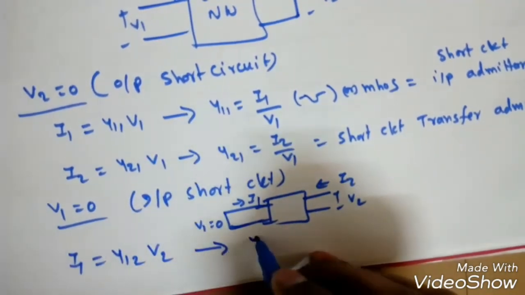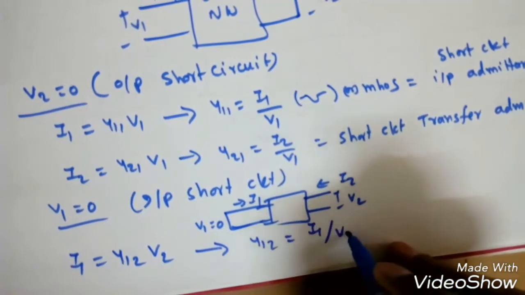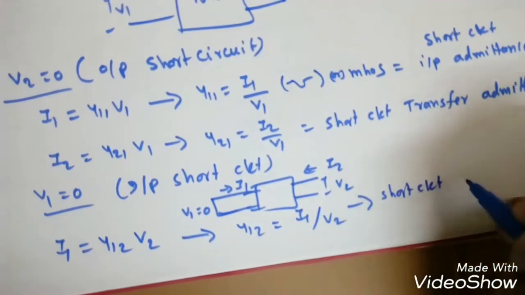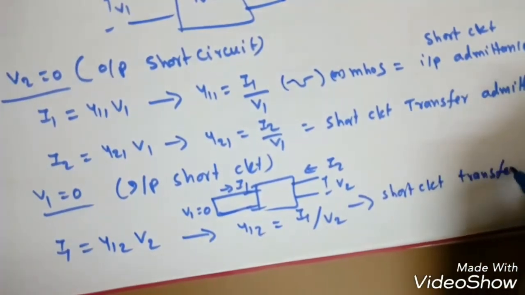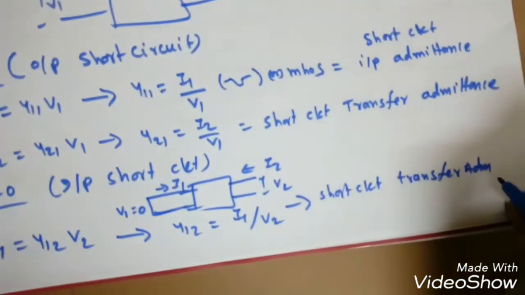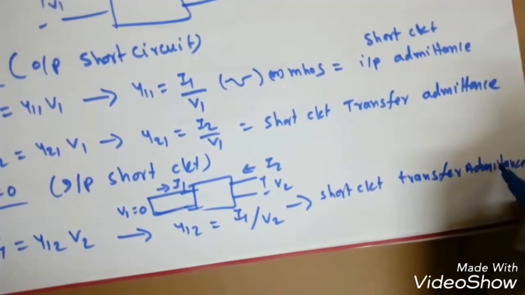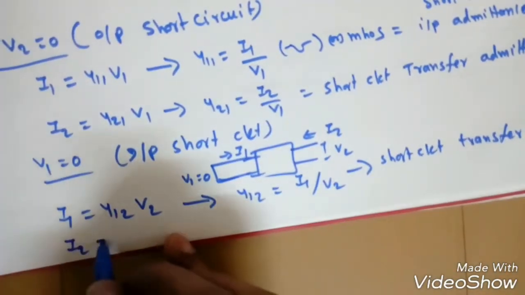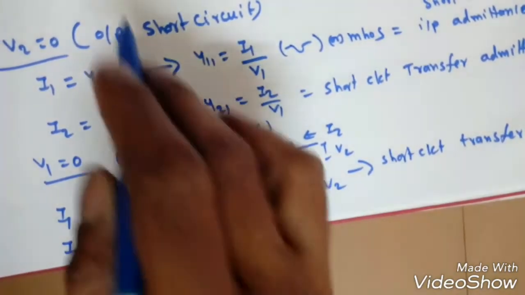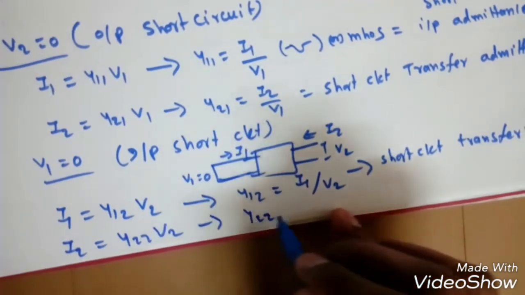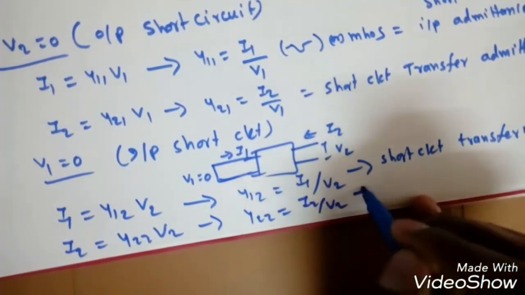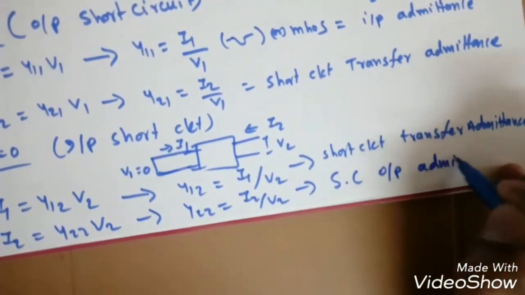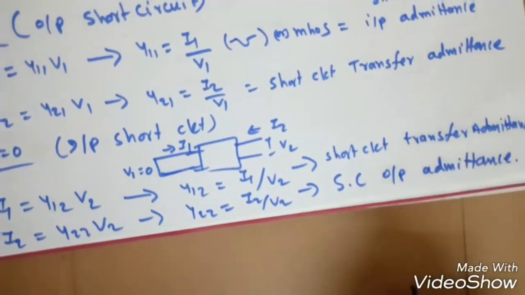So it leads to Y12 equal to I1 by V2. So it is called short circuit transfer admittance. Similarly, I2 is equal to Y22 V2, from the second equation. It leads to Y22 equal to I2 by V2, which is the short circuit output admittance. So this is about the Y parameters.